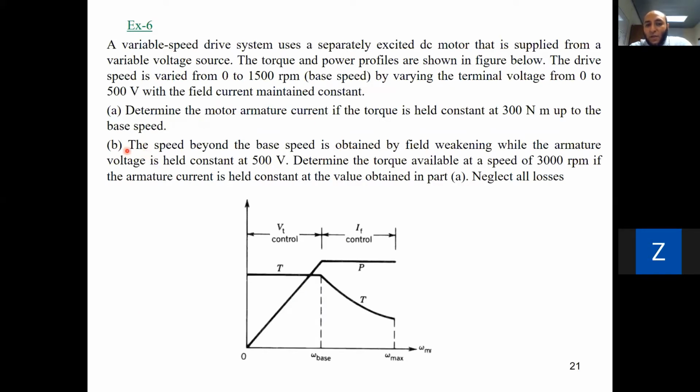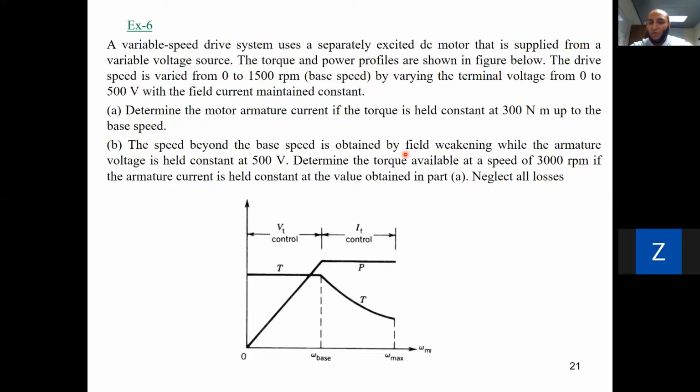Second case, the speed beyond the base speed is obtained by field weakening. Field weakening, shabab, means decreasing the field current. Field weakening means decreasing the field current, and in this case, the machine speed will be higher than the rated speed or the no load speed.